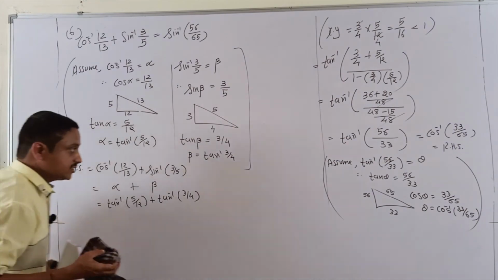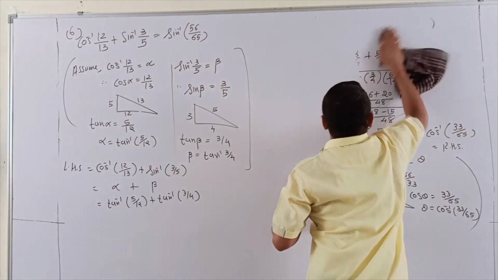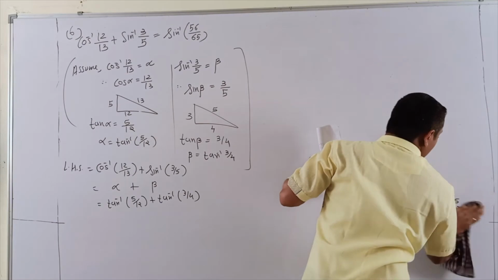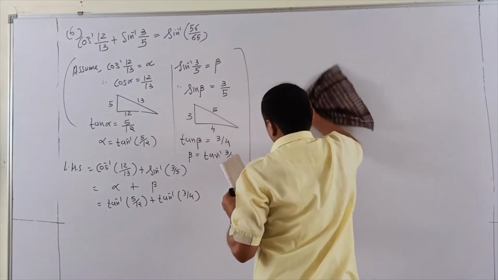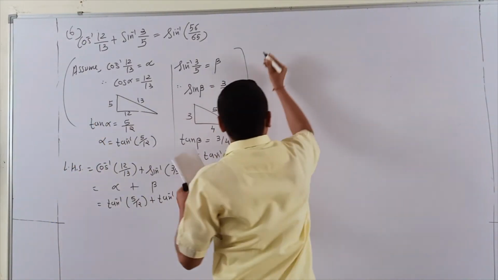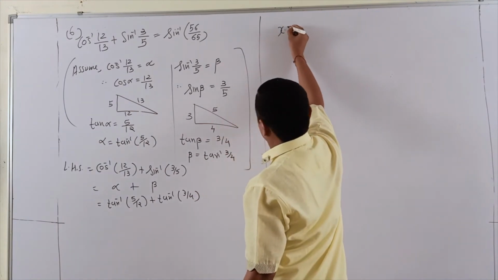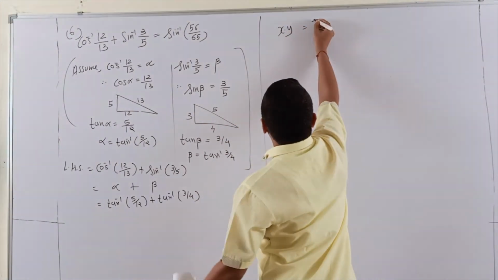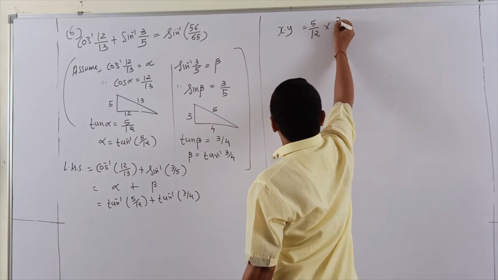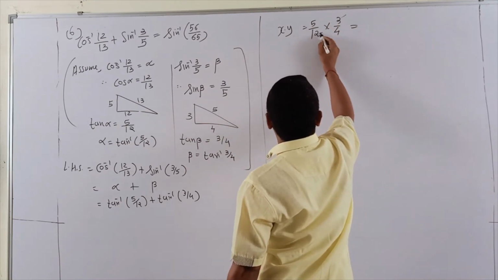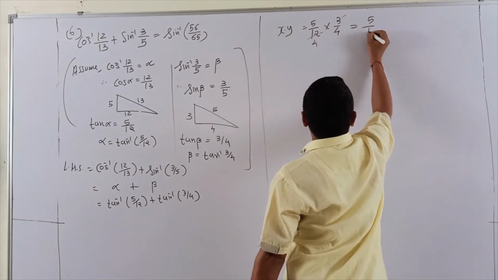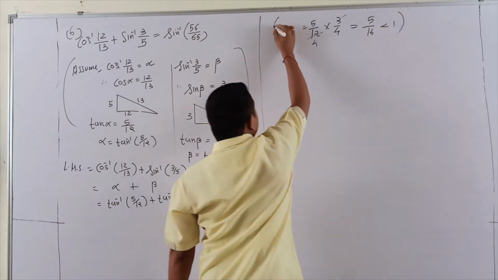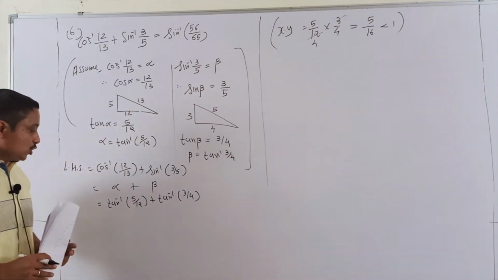And now, same checking students, according to your conditions, both ways, x and y. So my values for x into y: what is your x? 5 by 12 into 3 by 4, 3 4s are 5 by 16, and it is less than 1, students.